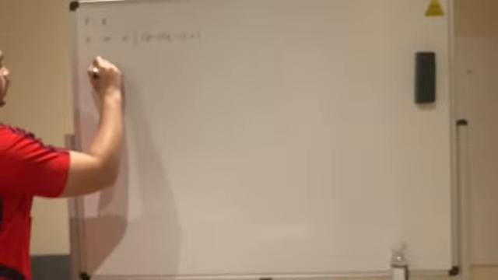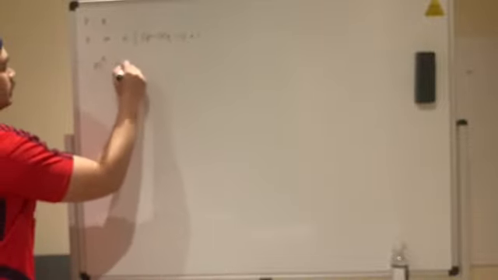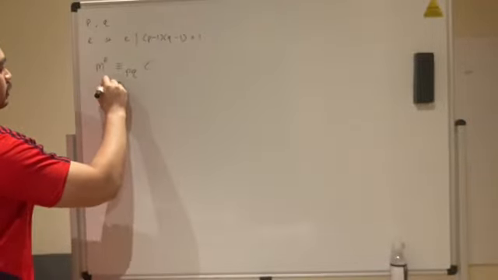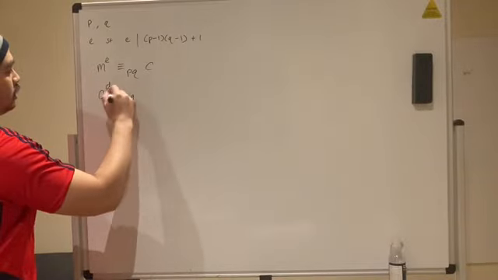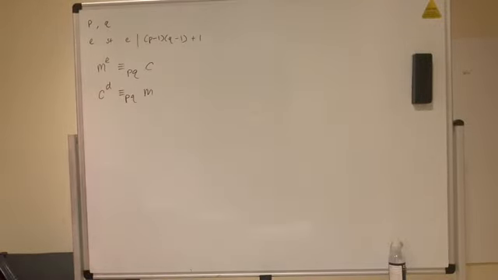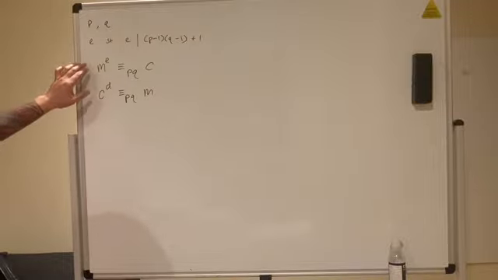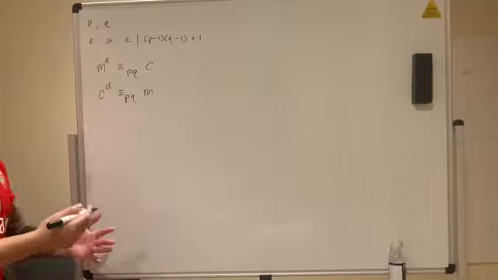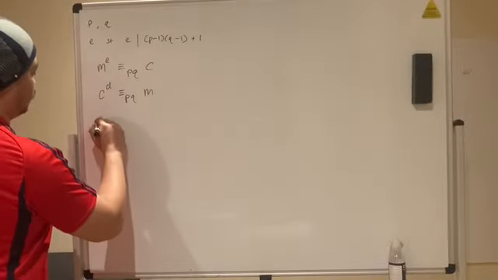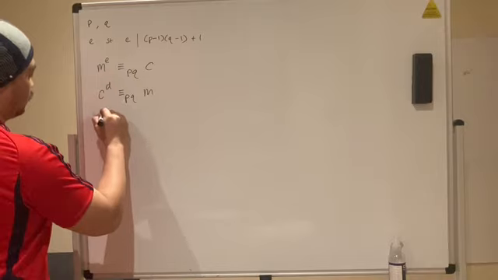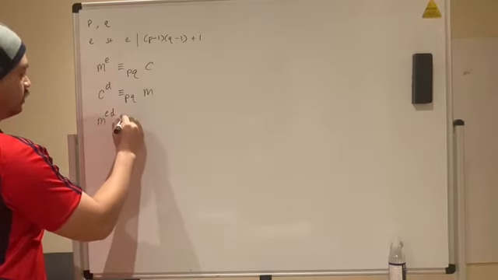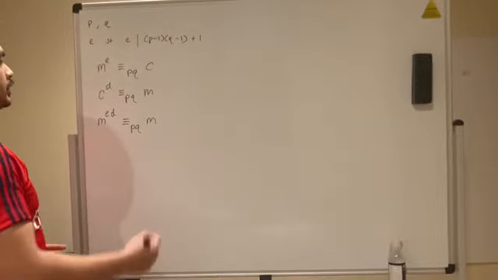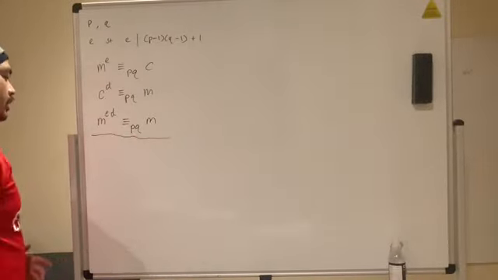If we take M, raise it to E, congruent mod PQ gives you the cipher, and the other way around, C raised to D mod PQ gives you back the message. And from these two cases, we also get another relation that we hope to be true if this were to work: that if you encrypted the message and then decrypted again, you'd hope to get back M. Now, we just leave these up here for the moment.